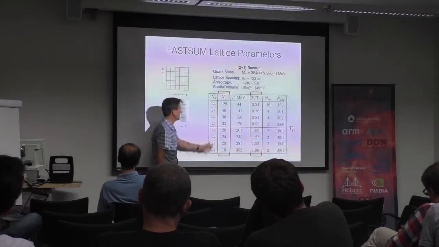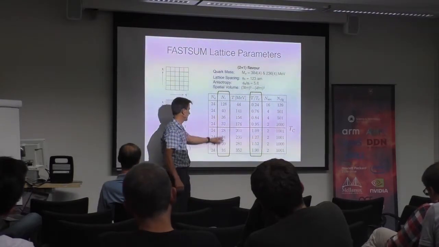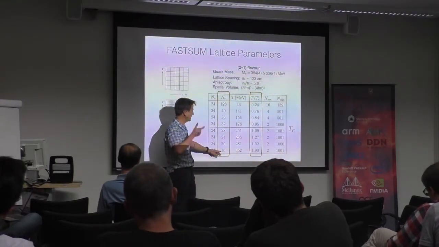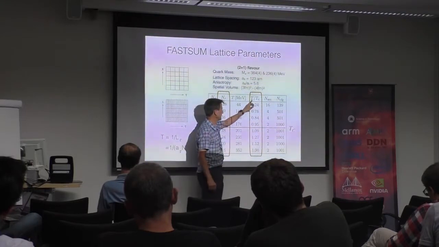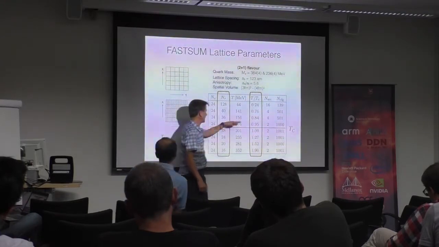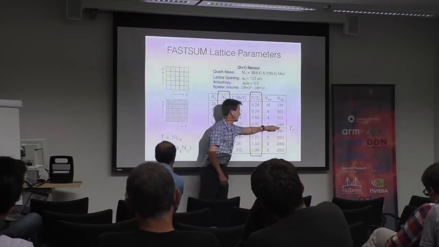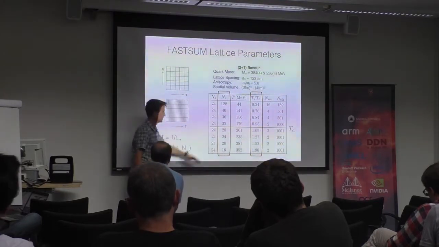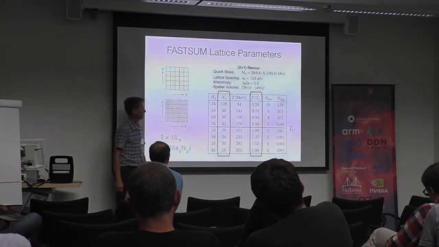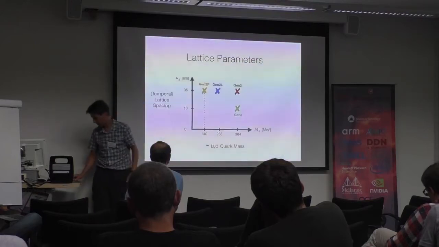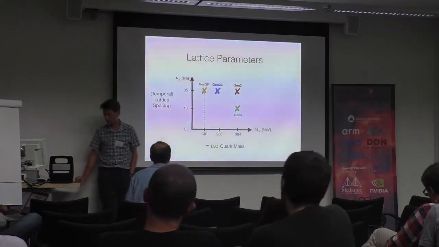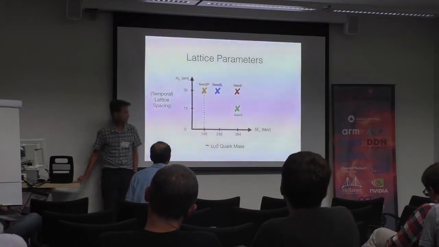So here are our parameters: that's the number of lattice points in the temporal direction, which is inversely proportional to the temperature. That T_C there is the deconfining temperature. Above that temperature, down here, the quarks become deconfined. I'd better move on. So that's a nice cartoon of our parameters.